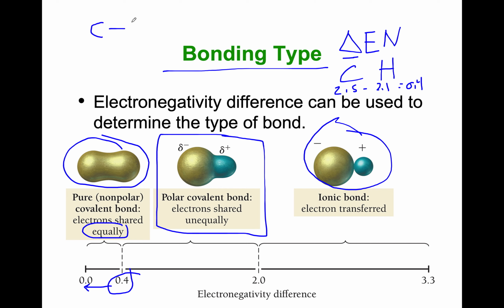If we had carbon and oxygen on the other hand, that's 2.5, that's 3.5, this is a difference of 1.0. So then you can see 1.0 falls in here. This is a polar bond, this is a nonpolar bond. This is how we're going to use electronegativity.